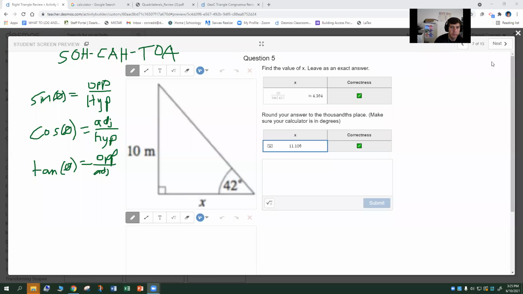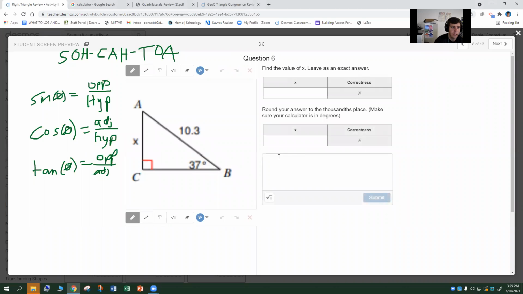The next one, okay, we are going to circle the angle, 37 degrees, label the sides: 10.3 is the hypotenuse, x is opposite, so opposite and hypotenuse, that's going to be sine. So we input the angle into the sine function, so sine of 37 equals, and then the output is the ratio of the opposite over the hypotenuse, so x over 10.3.